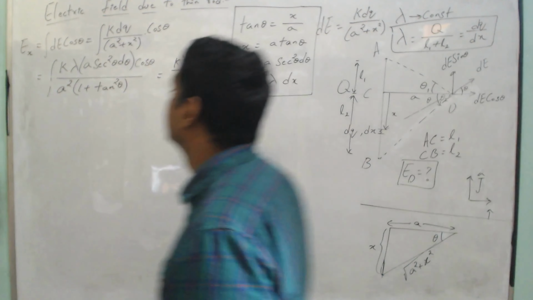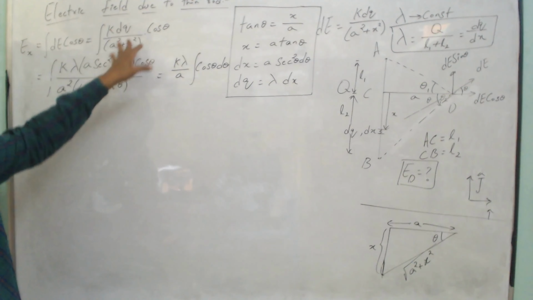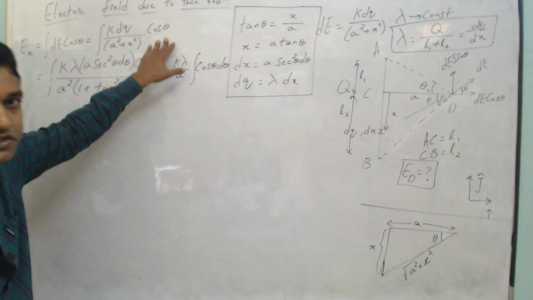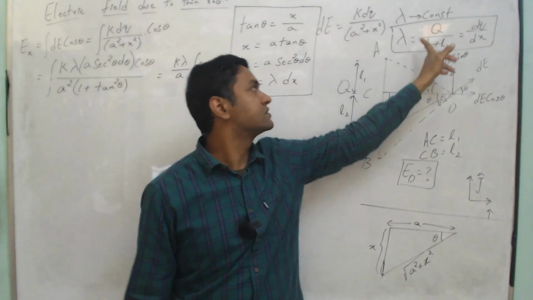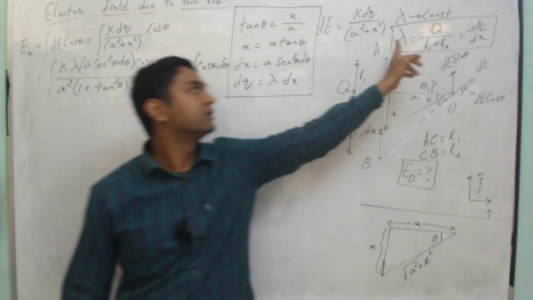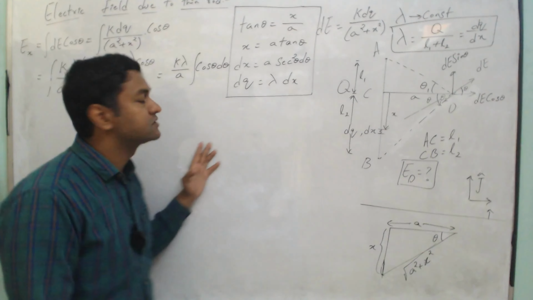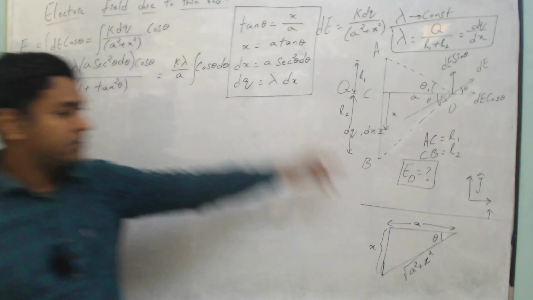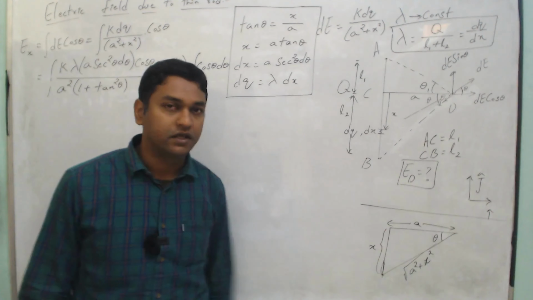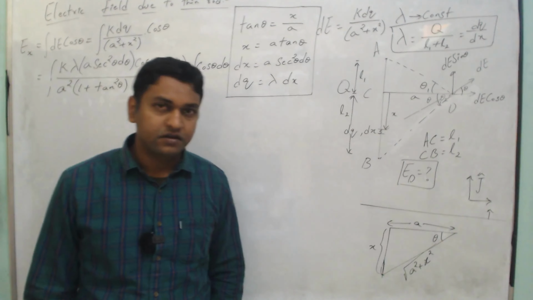Fine. So now we came to k dq by a square plus x square cos theta. Right? What is dq? dq is nothing but lambda dx from here, right? Yes, sir. dq is equal to lambda dx. Next, from the geometry, we got tan theta is equal to x upon a. So x is equal to a tan theta.